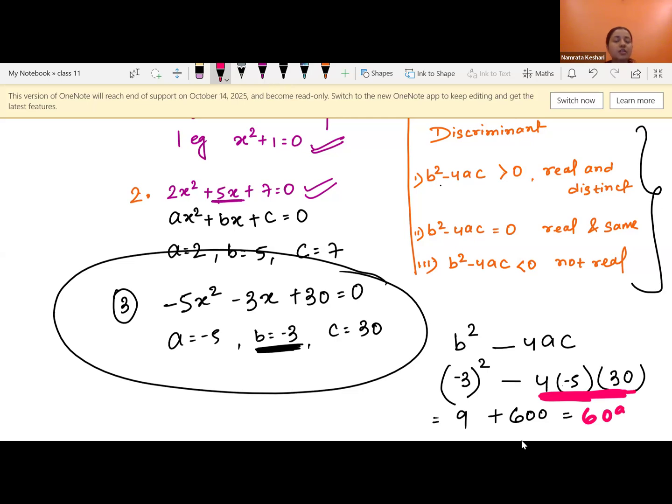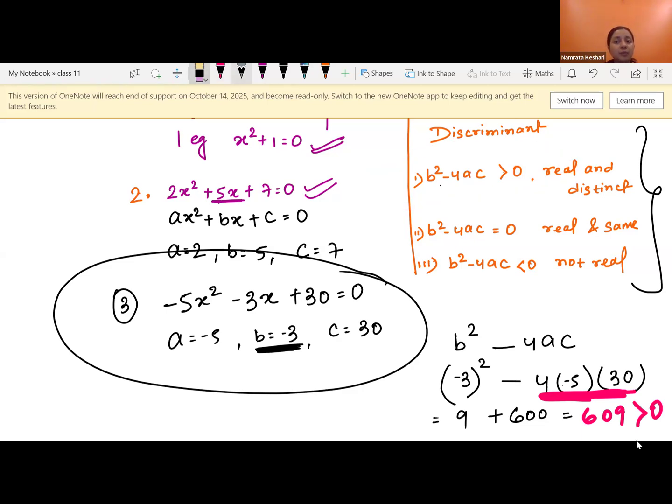Now, can we see 609? It's a positive number over here, which is bigger than 0. And the rule says, in case you have found b square minus 4ac, and you can see that your b square minus 4ac is a result that is positive, that means bigger than 0, then the rule says the roots will be real.